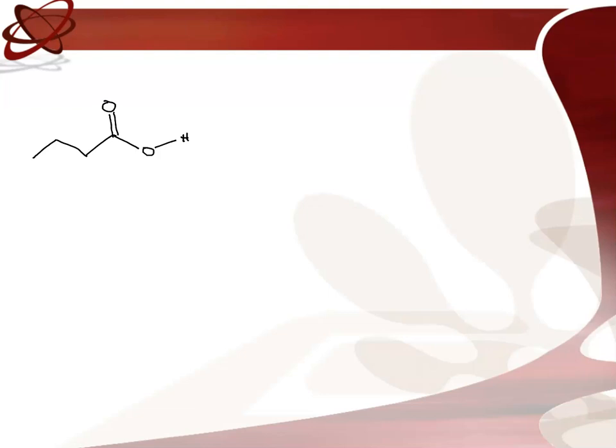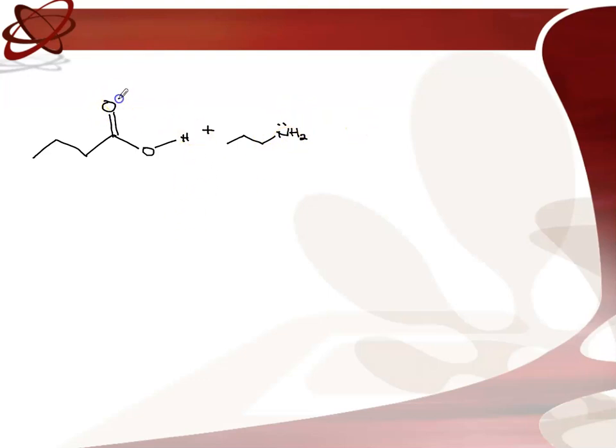So a common acid-base reaction would be for this to react with ammonia or with some sort of an amine. And so I'm going to go ahead and show it reacting with propylamine, which is a 3-carbon chain with a nitrogen attached with 2 hydrogens. And of course that nitrogen has a lone pair.